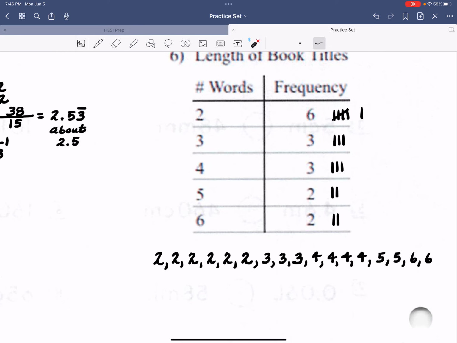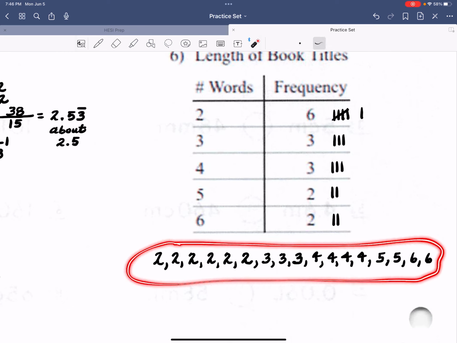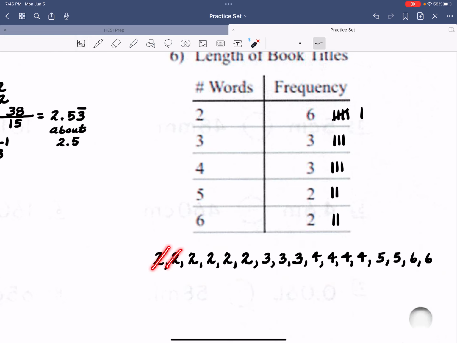So again, you always want to count these. 1, 2, 3, 4, 5, 6, 7, 8, 9, 10, 11, 12, 13, 14, 15, 16, 17. And either count the tally marks or find the sum of the frequencies. So let me just do it this way. 6 plus 3, that's 9, 10, 11, 12, 13, 14, 15, 16.